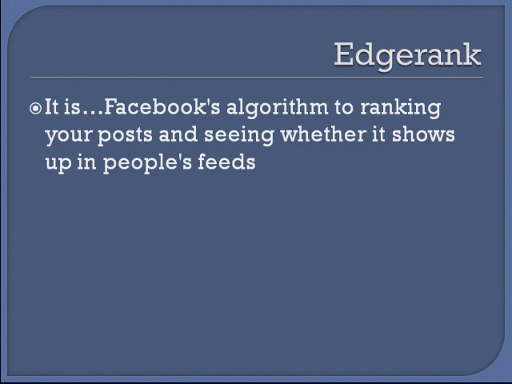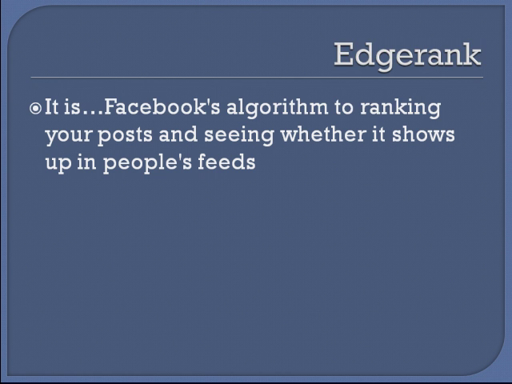EdgeRank, like I said, is the algorithm for ranking your posts and seeing whether they show up in people's feeds. EdgeRank is sort of similar to Google's algorithm in terms of ranking search engine websites and things like that.